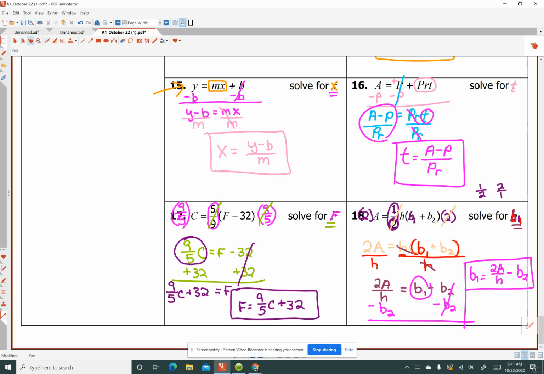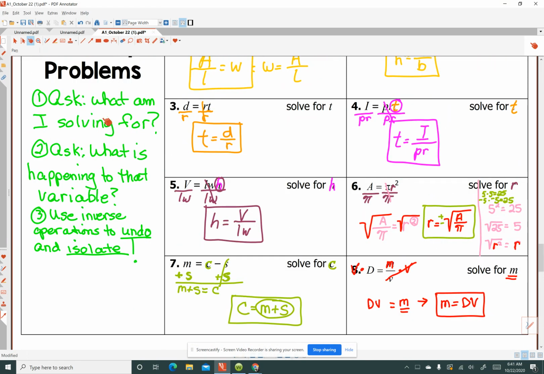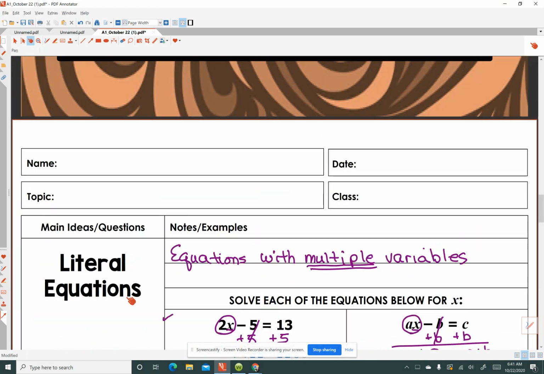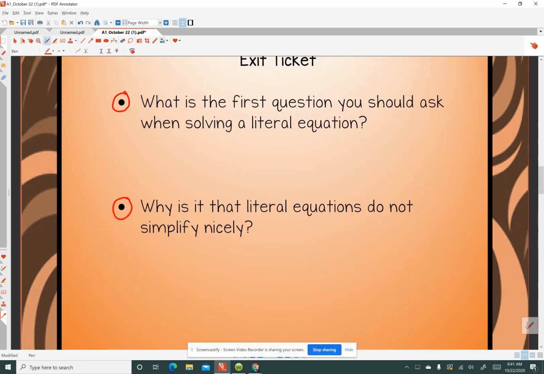So let's go back to our exit ticket. We had a couple of questions. The first thing that you should ask is, what variable am I solving for?